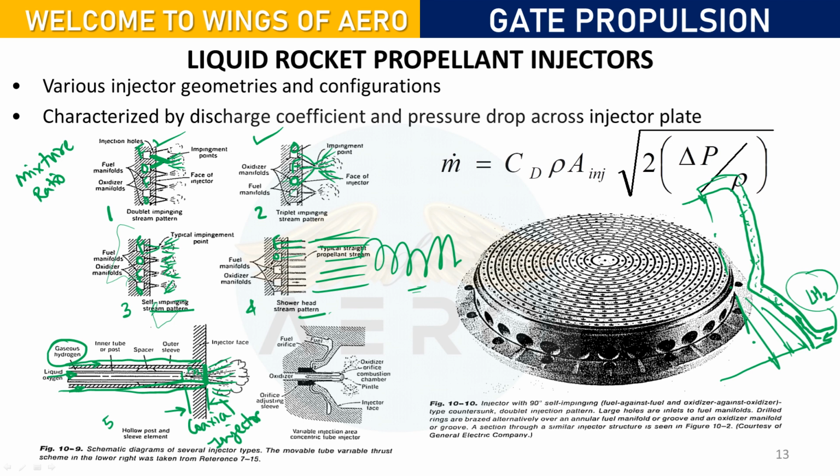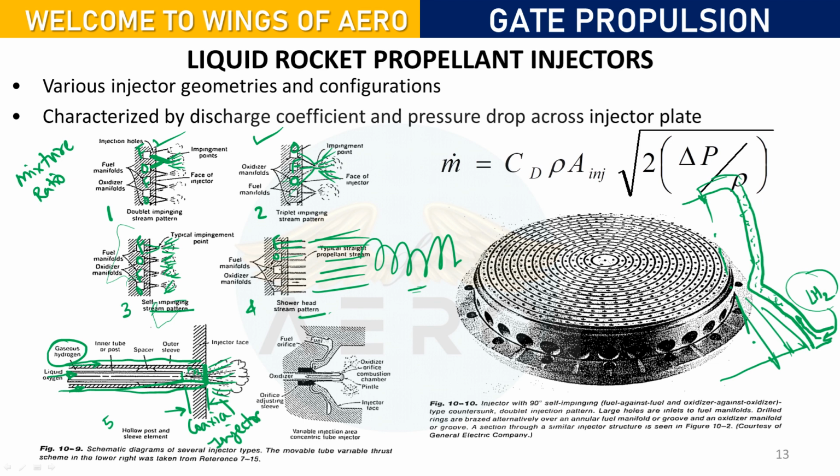Then we have the coaxial injector, or hollow post or sleeve element. The benefit of this coaxial injector is that it is especially used for bipropellant liquids, giving effective mixing of fuel and oxidizer together. Both get mixed in the proper ratio and are ejected very perfectly, right?